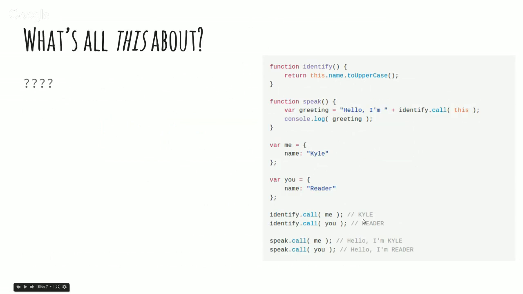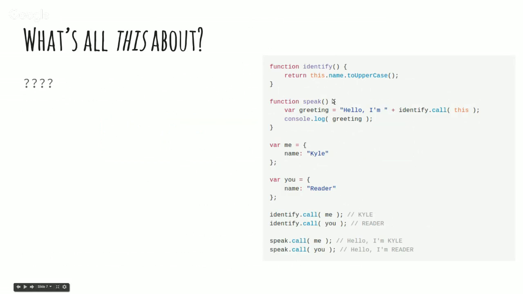Yeah, and so when we pass me into identify, it's going to uppercase the name, which seems kind of intuitive here because we're saying uppercase the name of this, though it's not necessarily clear what this is referring to at this point. But you do get an uppercase value back, which seems to make sense. It's like I'm passing an argument in, but it's going to use the argument that I pass in the call function.